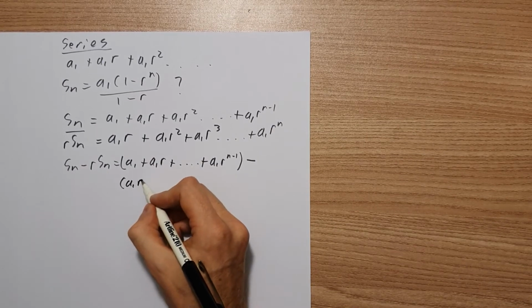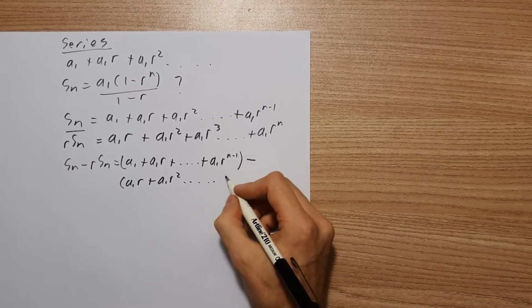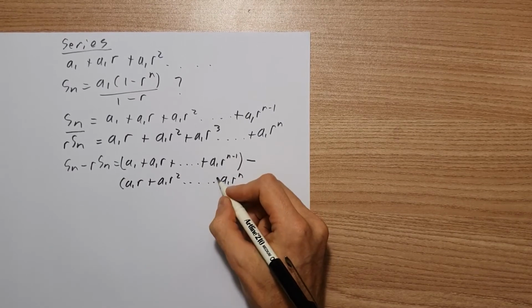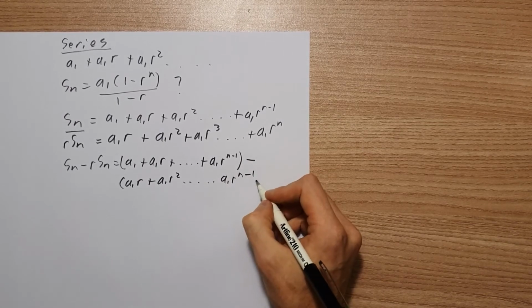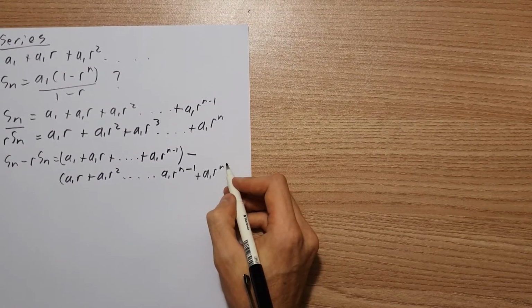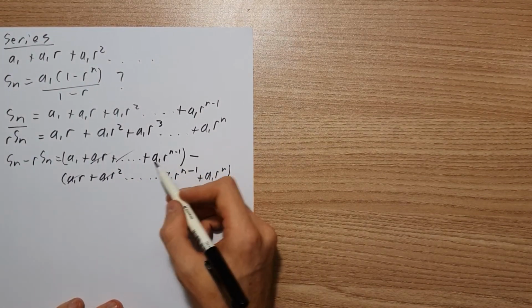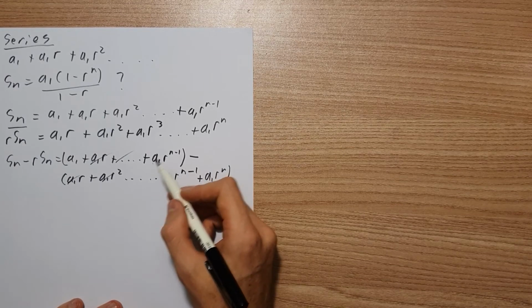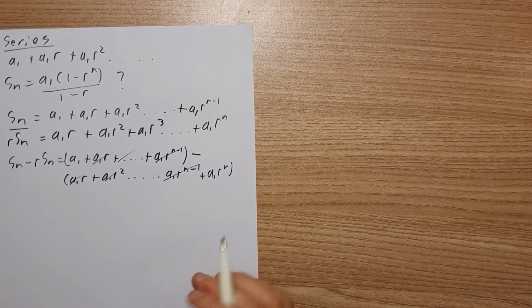That's a1r plus a1r squared, and that's going to go all the way up to a1r to the n minus 1, plus a1r to the n. Now we can see that that and that's going to cancel out, that and that's going to cancel out, everything's going to cancel out all the way to a1 r to the n minus 1, which means, what am I left with?